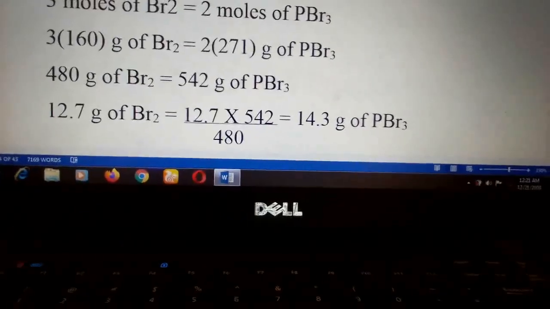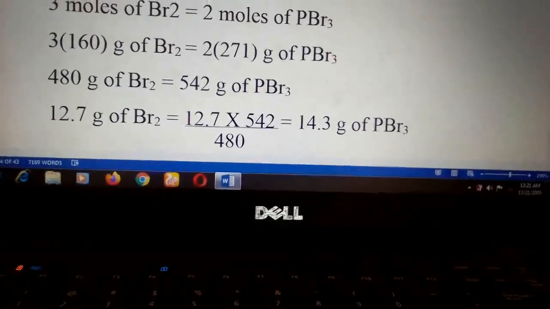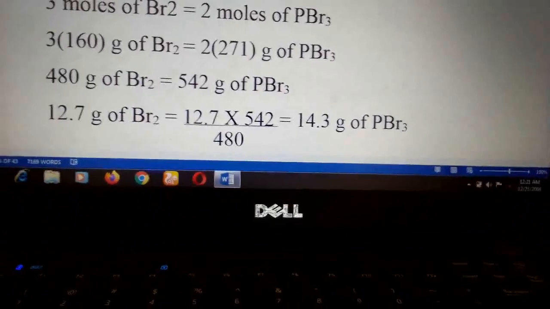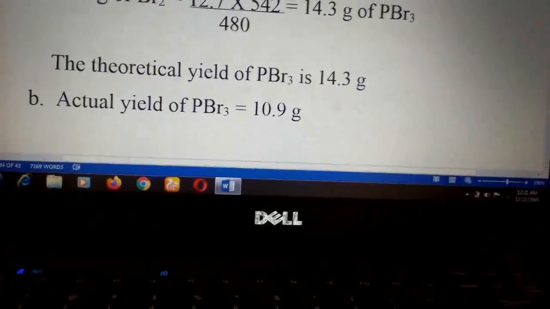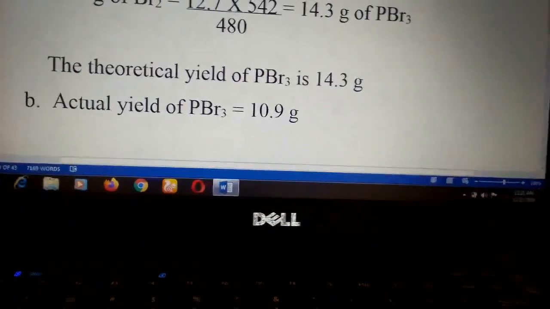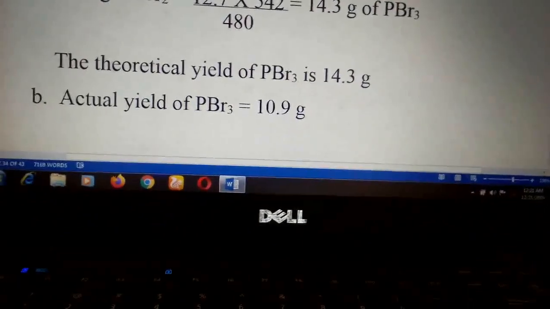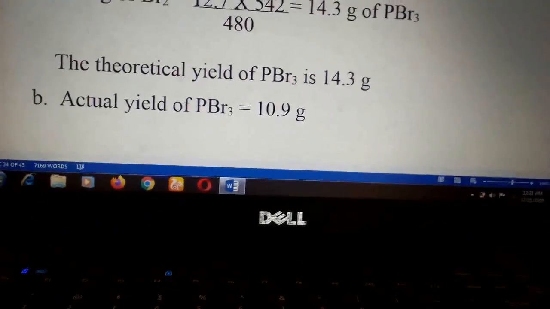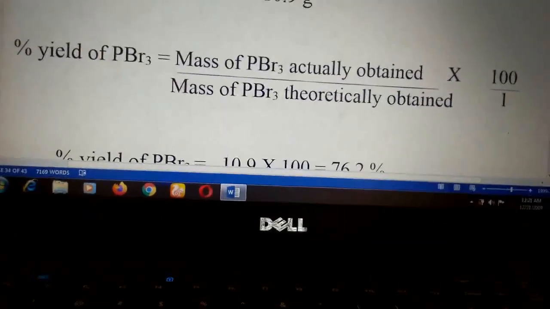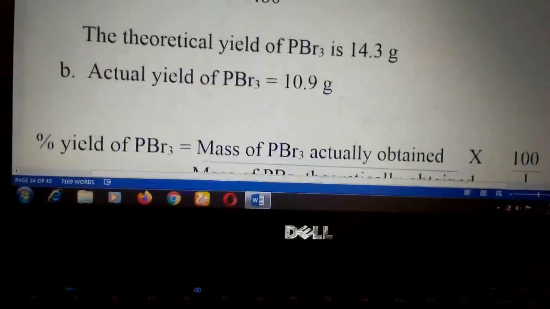So 14.3 grams, which you calculated from the reaction, is the theoretical yield of phosphorus 3 bromide. So the theoretical yield of this compound is 14.3 grams. Then the actual yield is given in the question, 10.9 grams. Percentage yield, that is question B now.